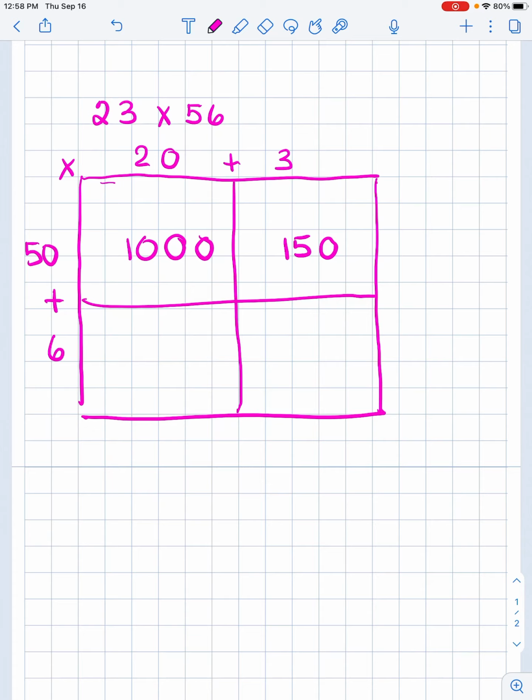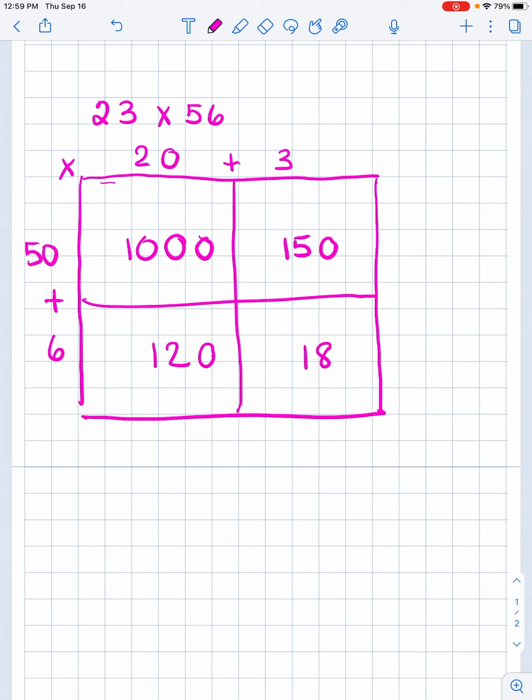Okay, now let's go back to the first column, and now we're going to multiply 6 times 20, and you can do these in any order. So 6 times 20, 20 has a 0, and then 6 times 2 is 12. And then we're going to move to our last box, no zeros for either 6 or 3. 6 times 3 is 18.